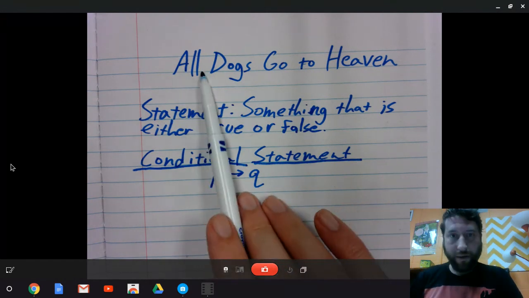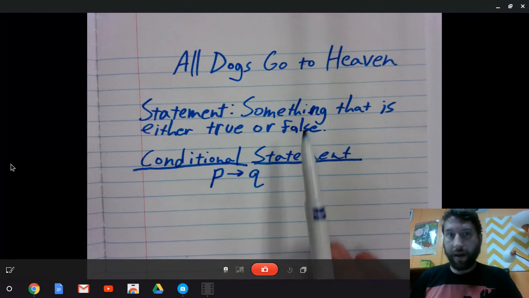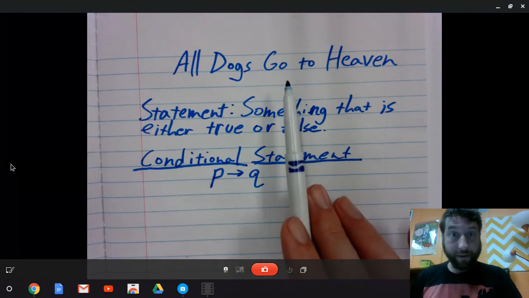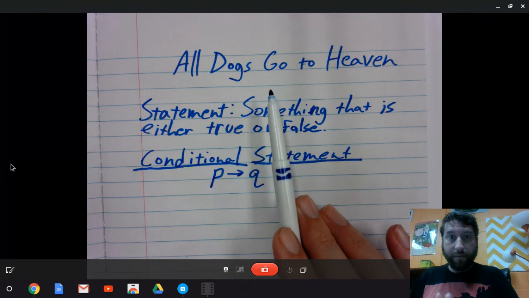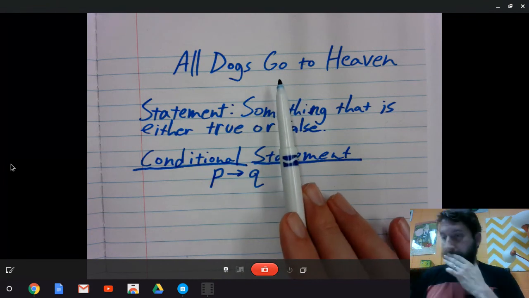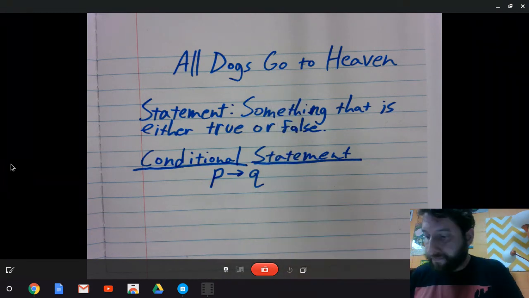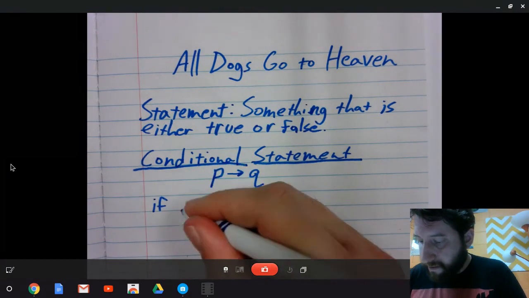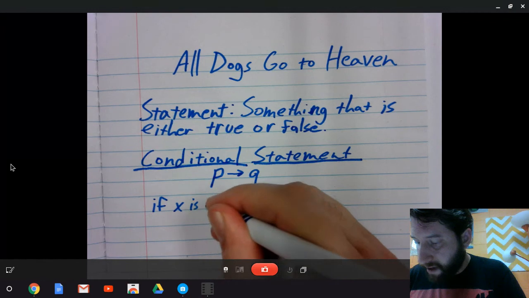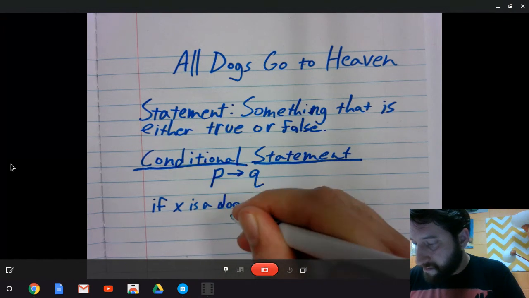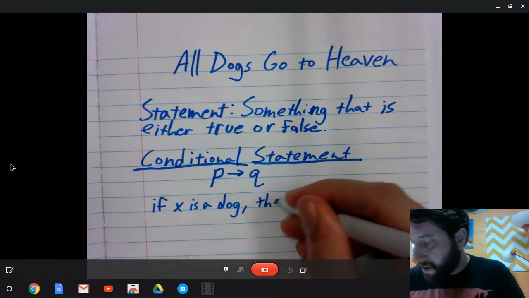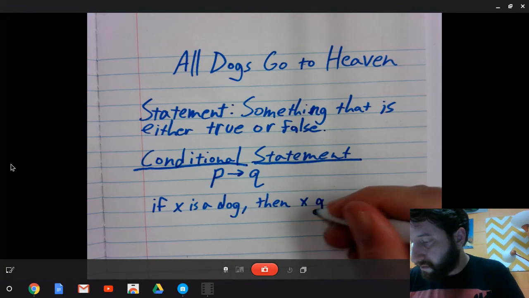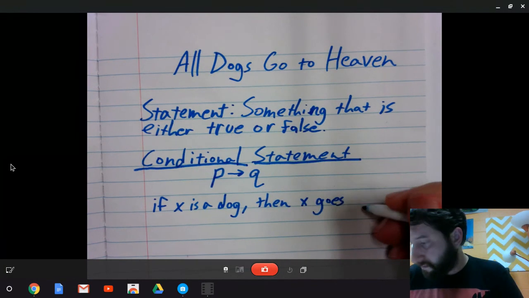Now, how can I relate that to this? This is actually a conditional statement up here. It doesn't look like it at first, but we can rewrite it to make it look like that. Let's see. So I could say, if X is a dog, then X goes to heaven.